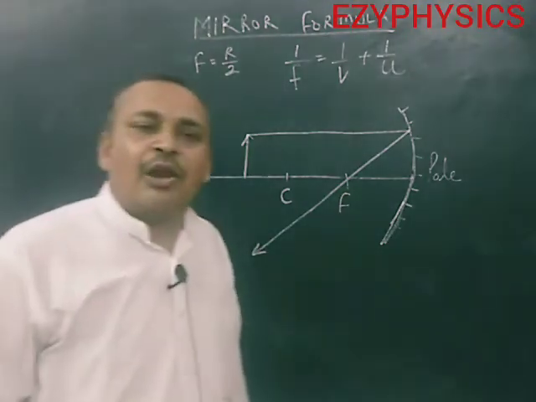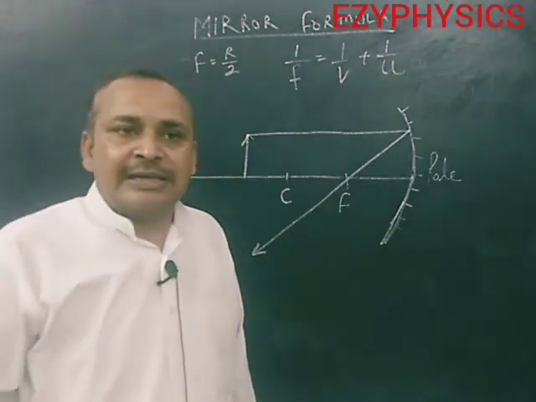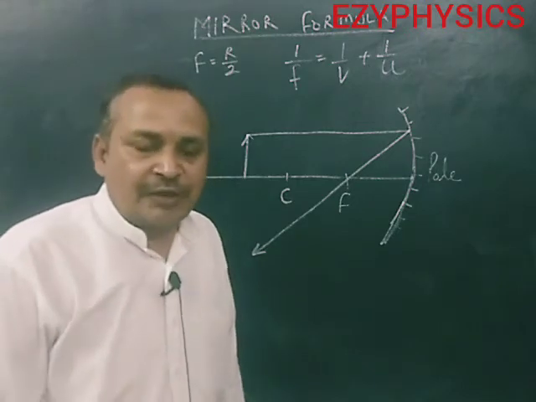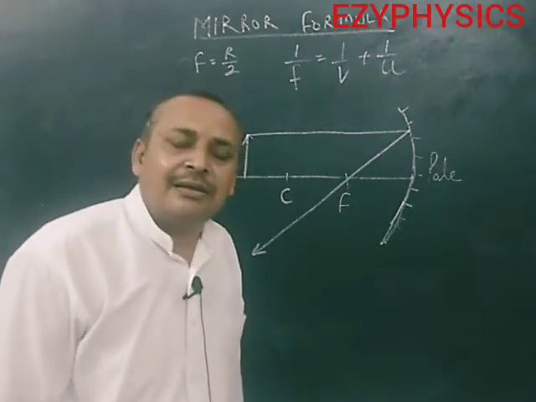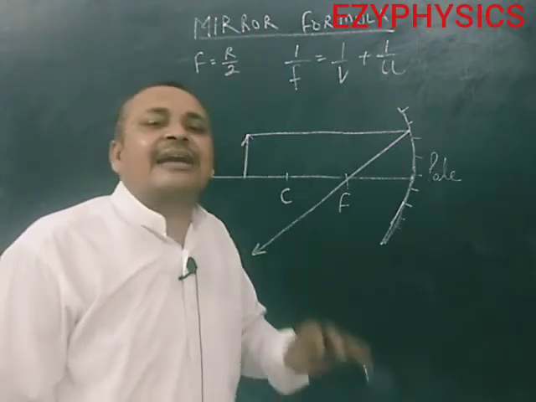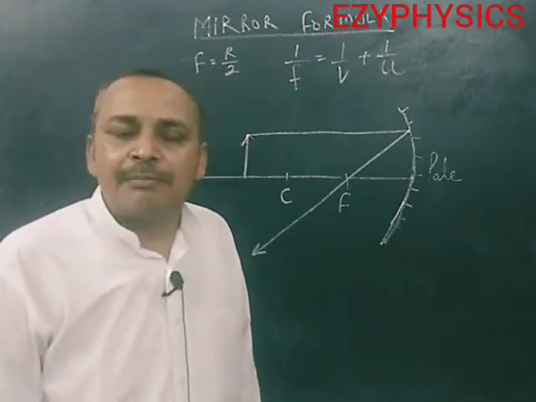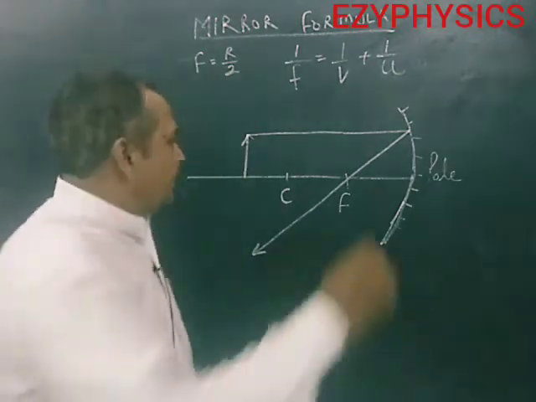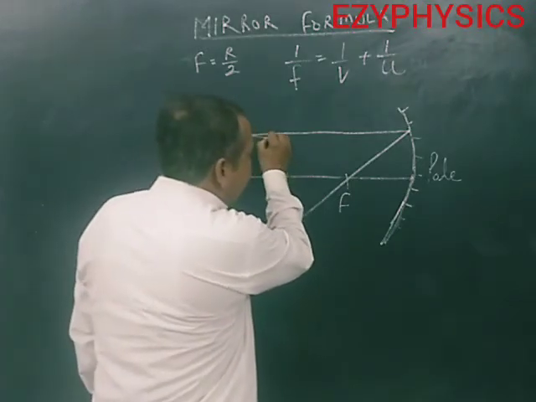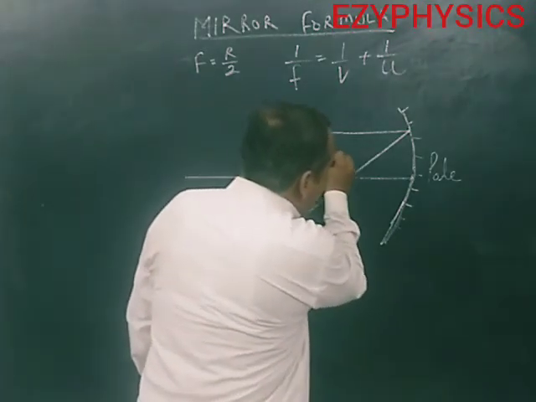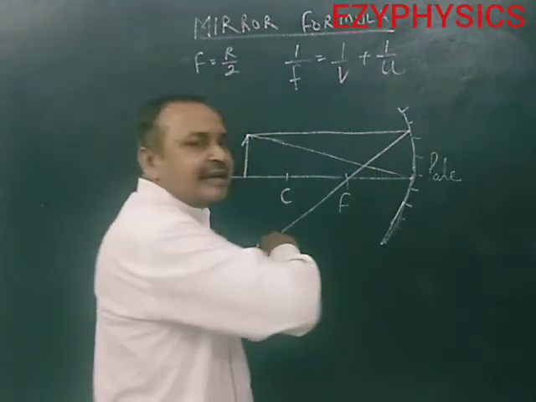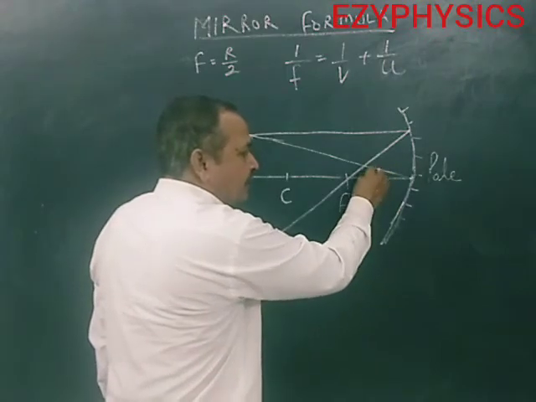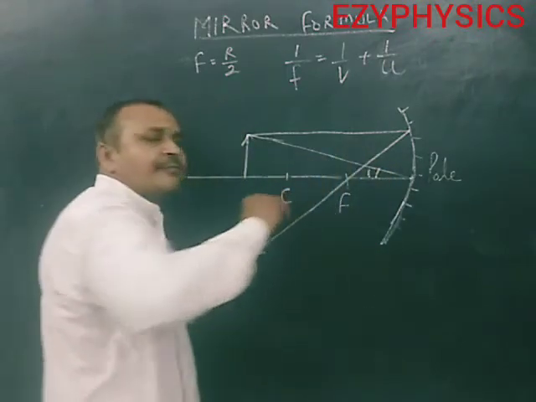Second step is our law of reflection. If you remember, the ray of light which is incident on a reflecting surface at an angle gets reflected back into the same medium by the same angle. It means if I take the second line which is going and hitting here at the pole, this angle will be my angle of incidence, let us say angle number 1.